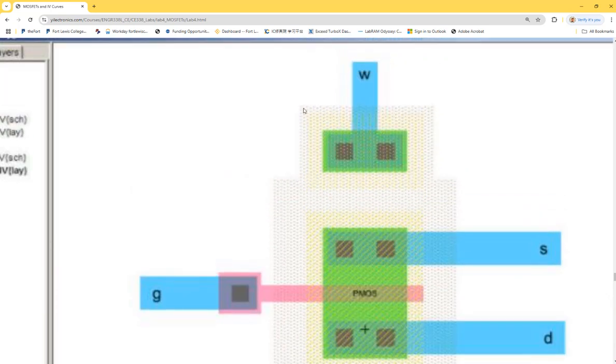You can see the little gray dots here, right? The dots are overlapped, so they are both N-wells. So in the foundry, when they are doing the deposition, they will know that these two N-well areas are overlapped.